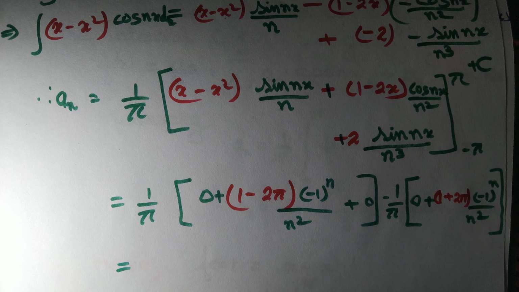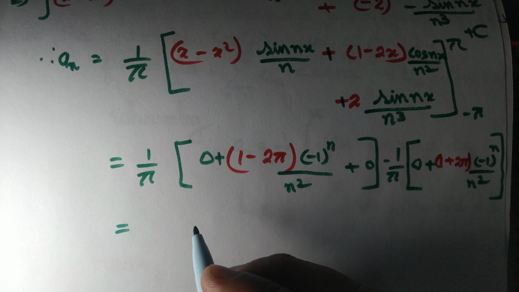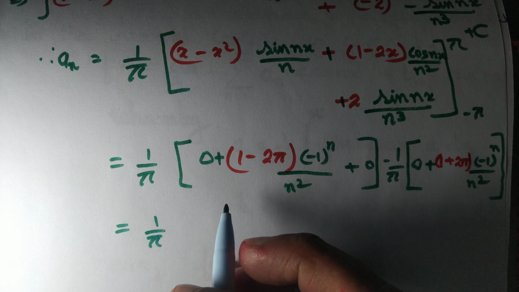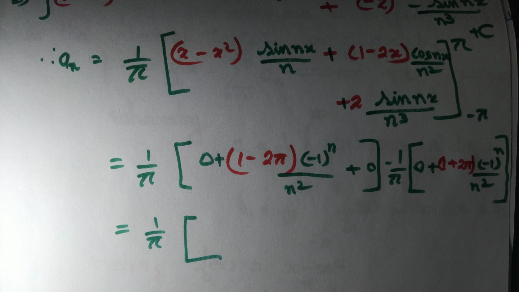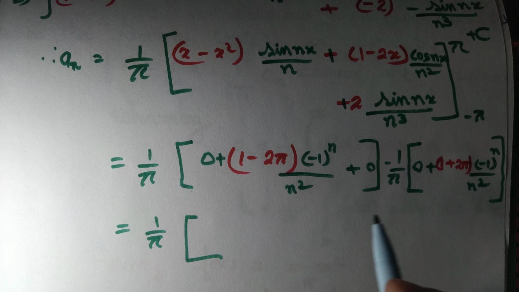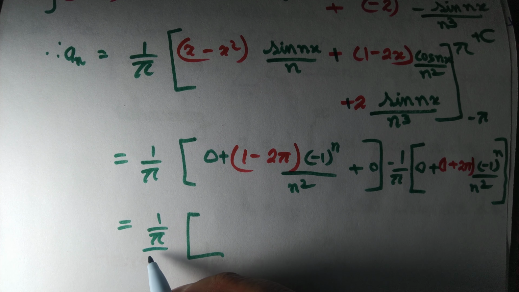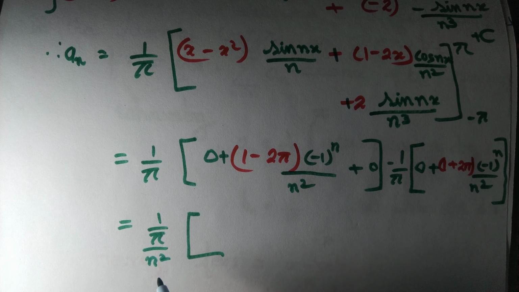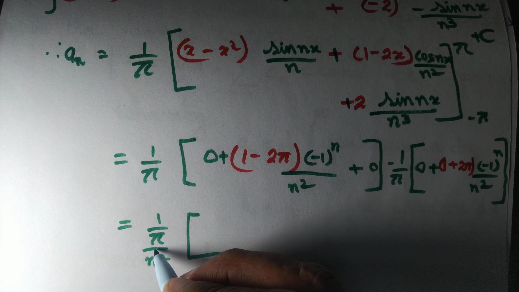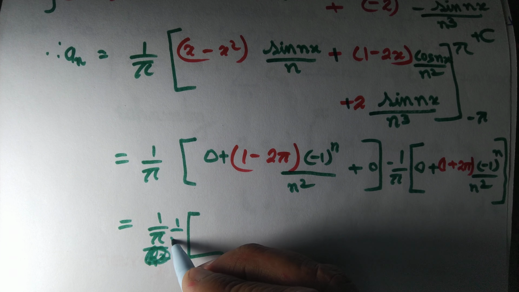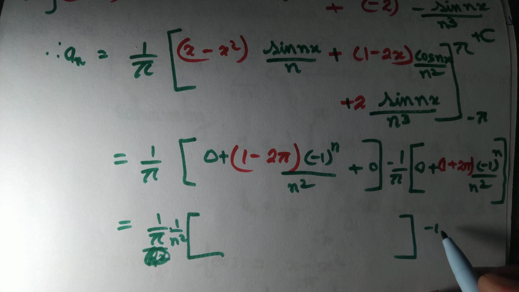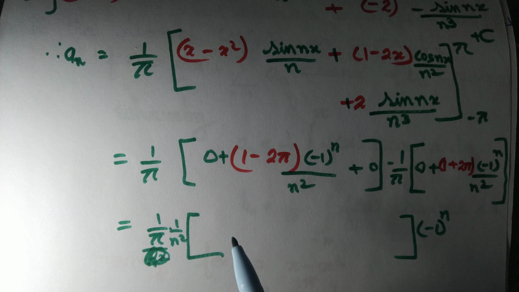Okay, let's simplify this. For simplifying, we'll take 1/π common. When we take 1/π common, 1/n² also we can take common, then (−1)ⁿ also we can take common.